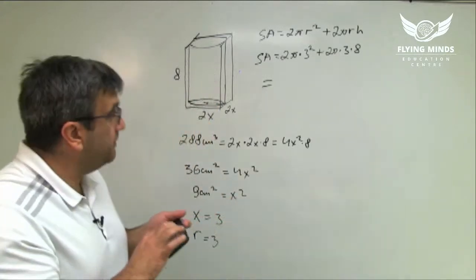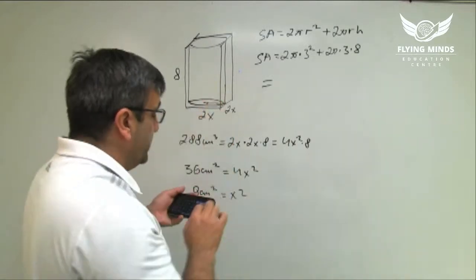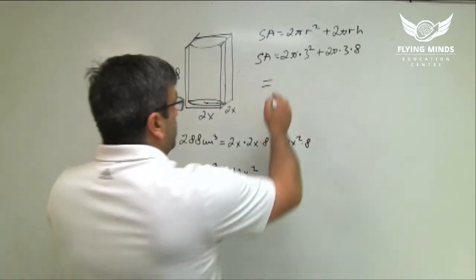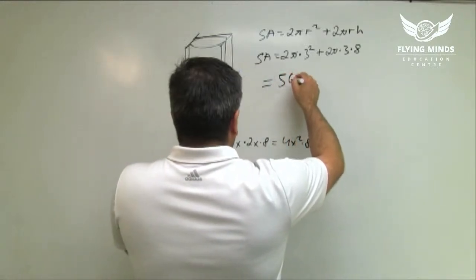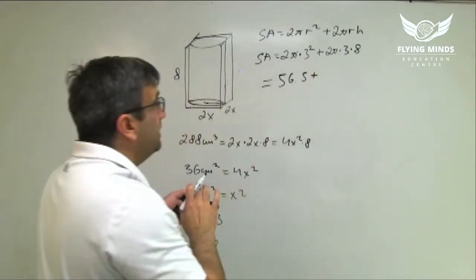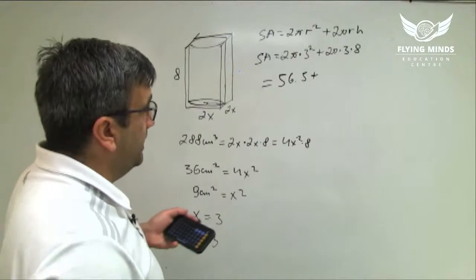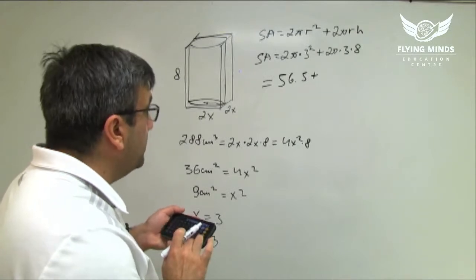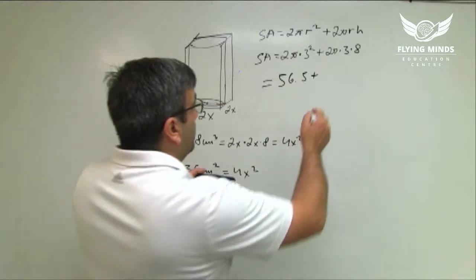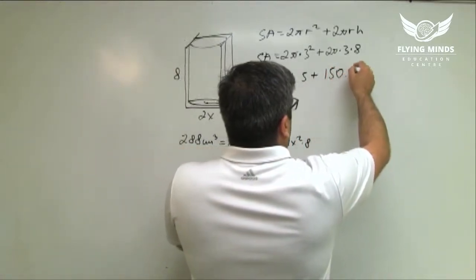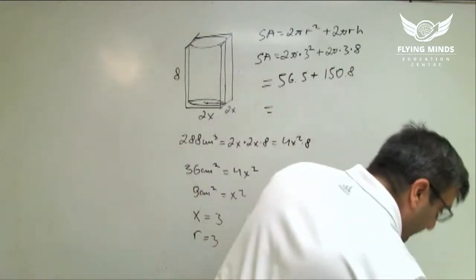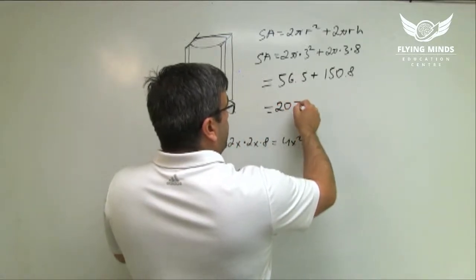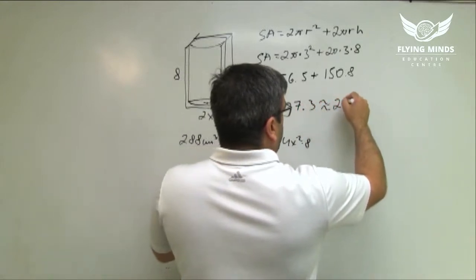So 9 times 2 is 18. 18 times pi, so this is 56.5, plus 2 times 3 is 6, 6 times 8, it's 48, 48 pi is 150.8, so together it will be 207.3, or it will be 207, right?